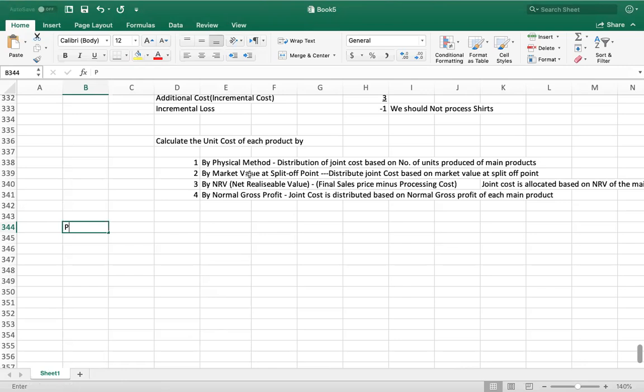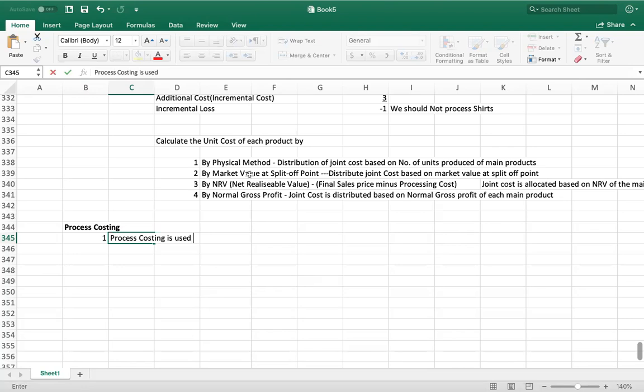So, process costing. This is the hardest topic in the CMA Part 1. Process costing is when production is in bulk.